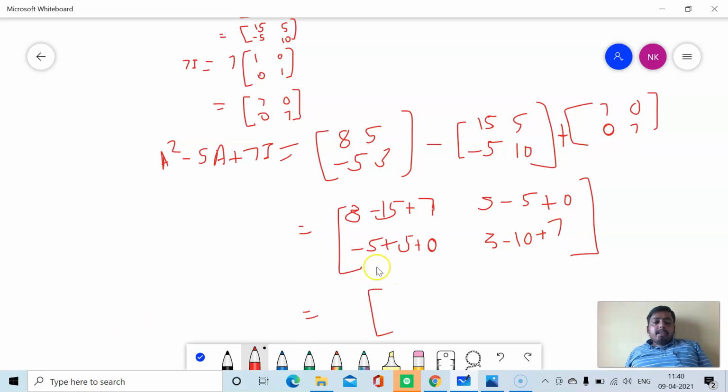So you can see here 8 plus 7 is 15, minus 15 is 0, 5 minus 5 is 0, minus 5 plus 5 is 0, and 3 plus 7 is 10, 10 minus 10 is 0. So we have proved that A square minus 5A plus 7I is a null matrix.